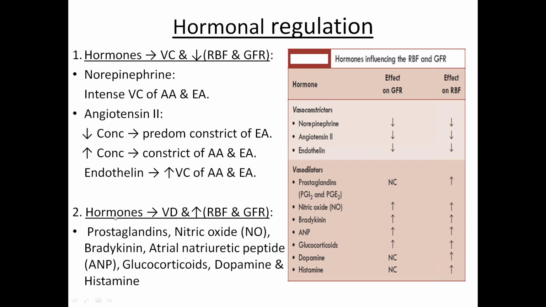And then I told you about hormones which cause vasodilation and thereby increase of RBF and GFR. Those are the prostaglandins, nitric oxide, bradykinin, ANP, glucocorticoids, dopamine, and histamine. So this table shows you their list and what their effects on GFR and RBF are.